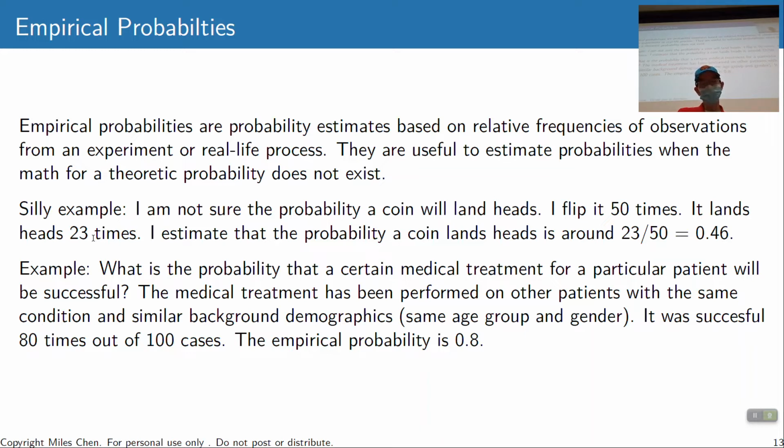If we look at other people who had the same disease, maybe similar background demographics, the same age group, maybe the same gender, they're going to say, we had 100 of these incidents in the past, and of these 100 cases, 80 of them had successful outcomes. Therefore, we estimate your probability to be around 80 out of 100. Okay, so they give you probability estimates based on past records, and that's an empirical probability.